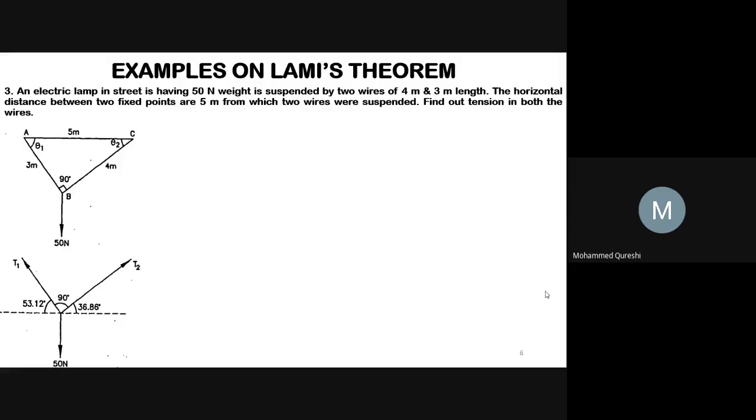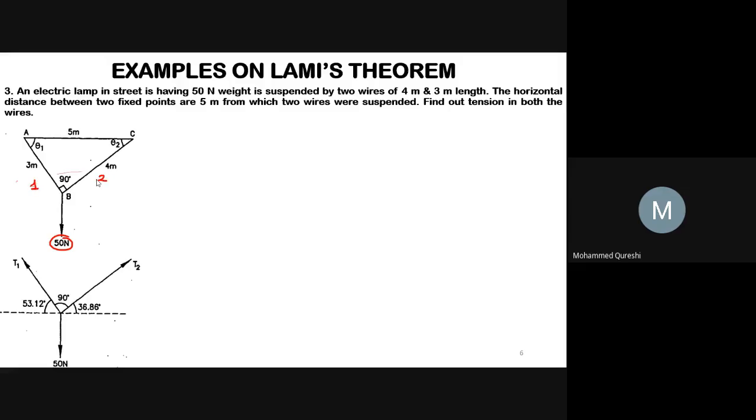Now we will go for the third example. What is given? An electric lamp in a street, having 50 Newton weight, is suspended by two wires of 4 meter and 3 meter length. This is your first wire and this is your second wire.